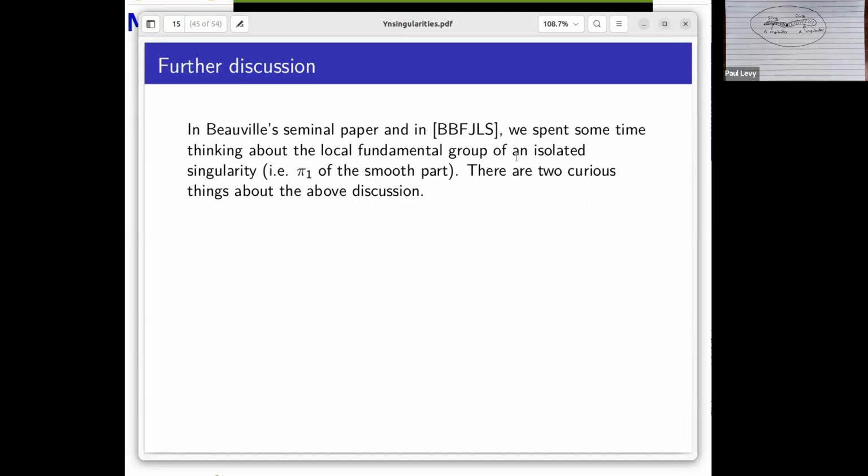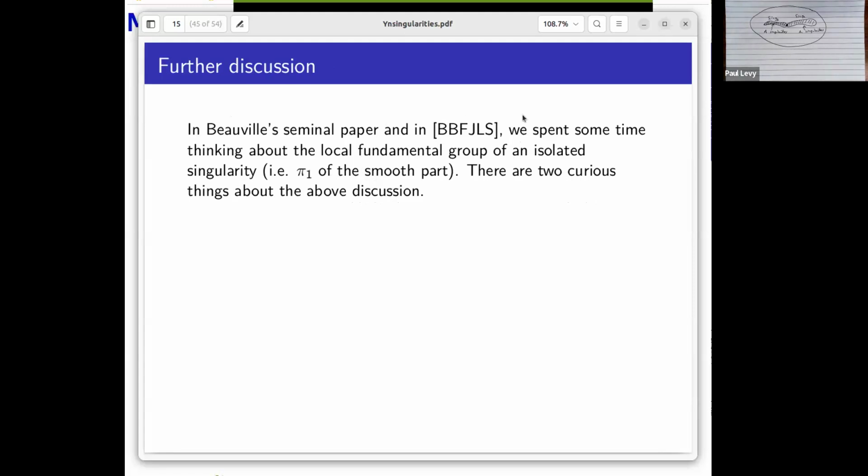So he proves that if the projective tangent cone is smooth, then it has to be a minimal singularity. And then he says, well, let's look at the singularities with trivial local fundamental group and try and classify those.